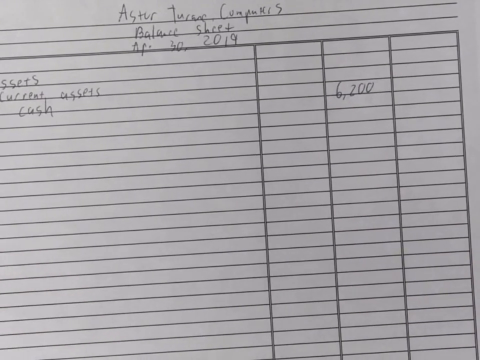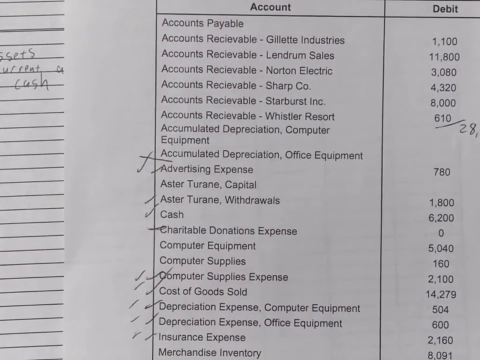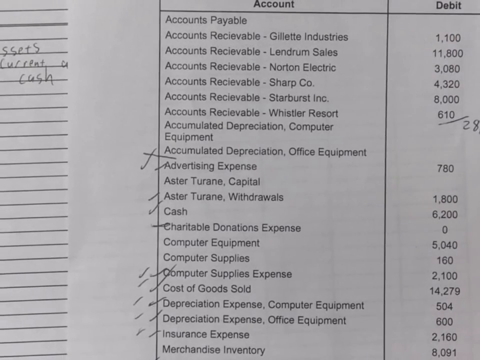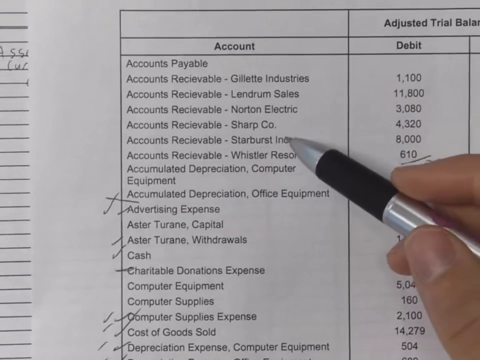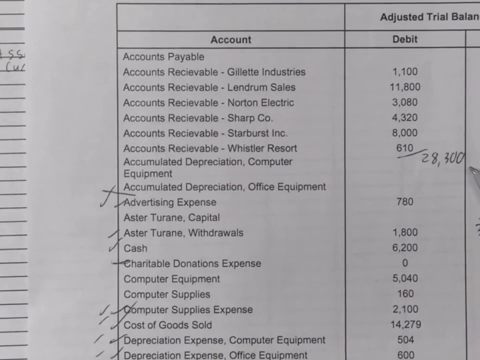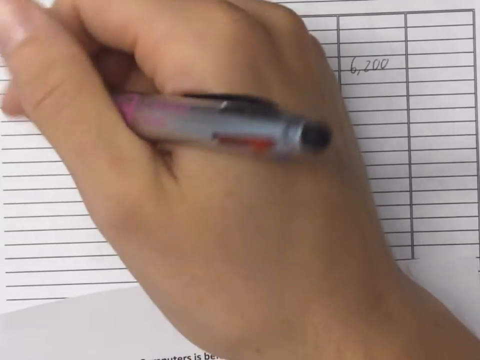Next, we should have accounts receivable. With all of these accounts receivable, we don't actually put these individually on the balance sheet. We add it all up at the end. So you can see that's what I did here, I've just added that up. Well, somebody else added it up and I used their work.